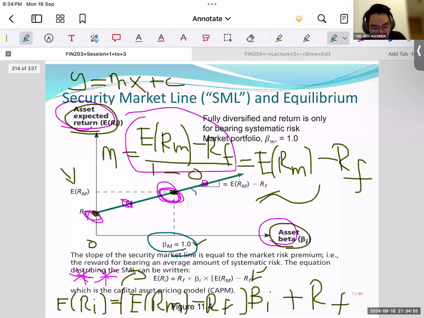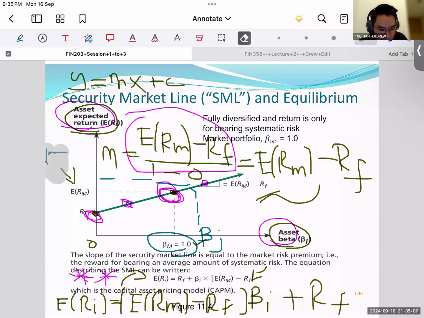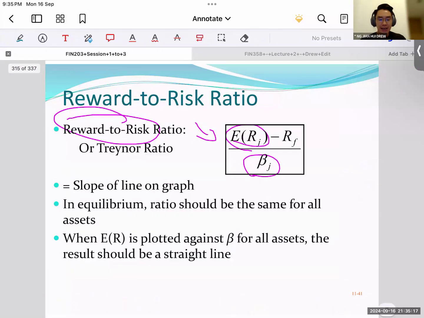But let's say we want a random point here. So this is your beta J. Your beta J will give you ERJ, as seen here.